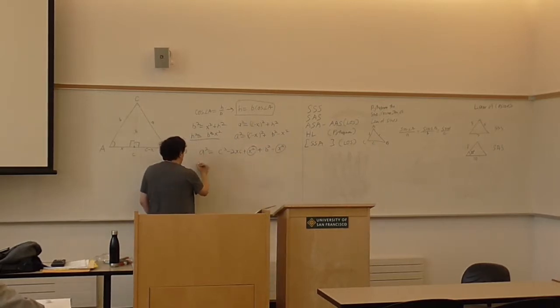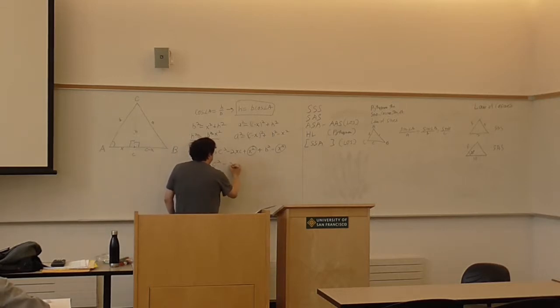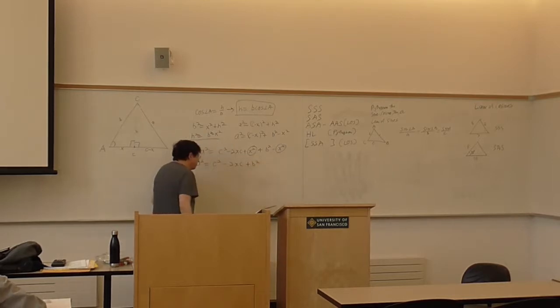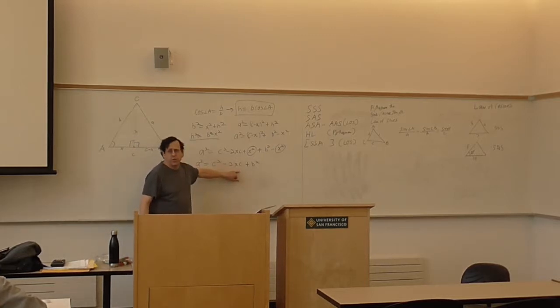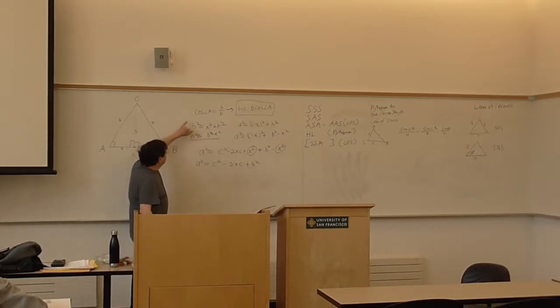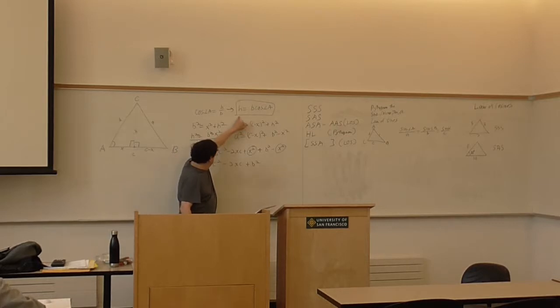So I'm pretty close to what I want. I have a squared equals c squared minus 2xc plus b squared. Now I just have this pesky x to deal with.